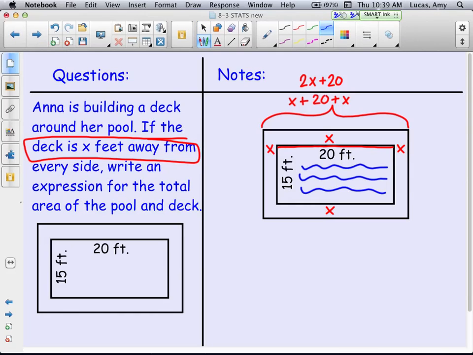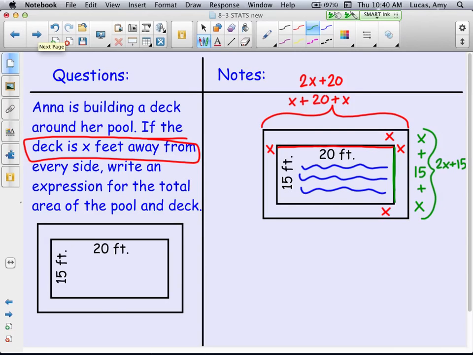Now, if I look at it the other way, so now we're talking about this distance right here being 15, and then I've got my x and my x that I need to add on. So now I've got x plus 15 plus another x. So this would be 2x plus 15 for my new width.